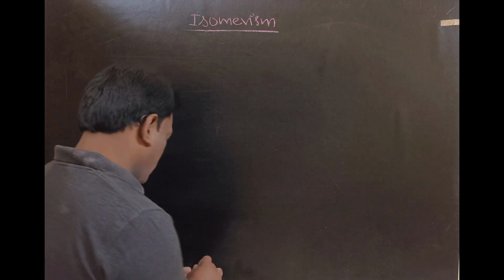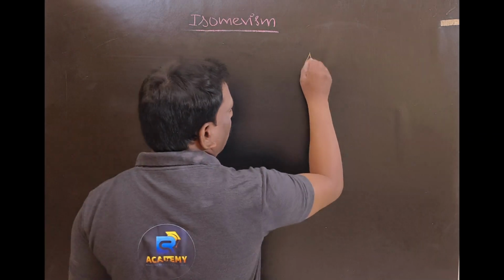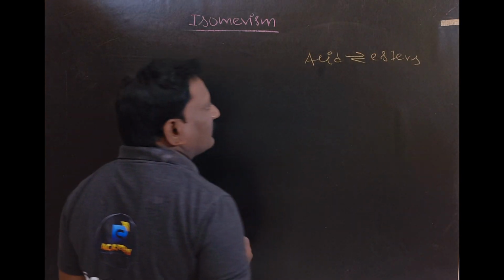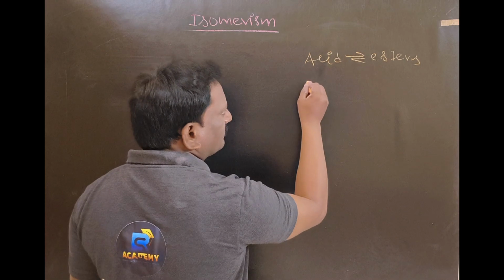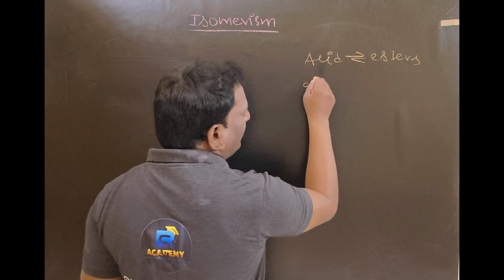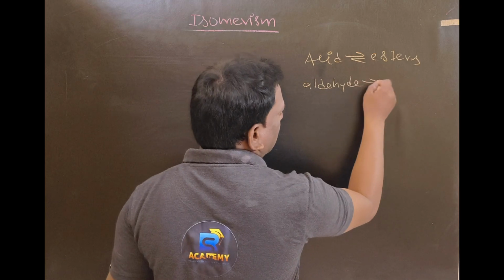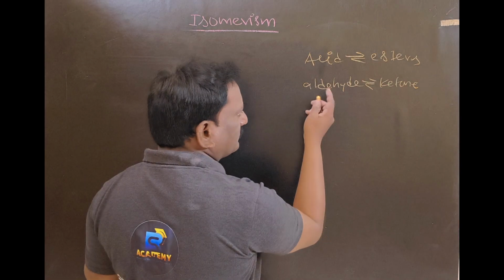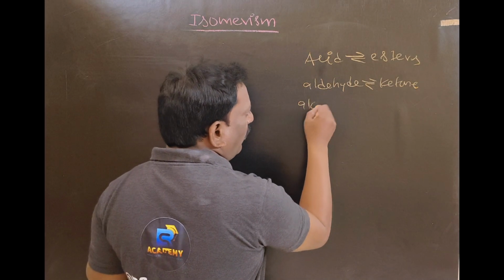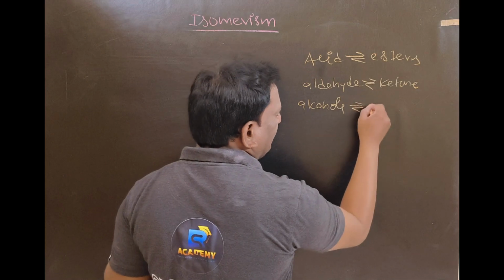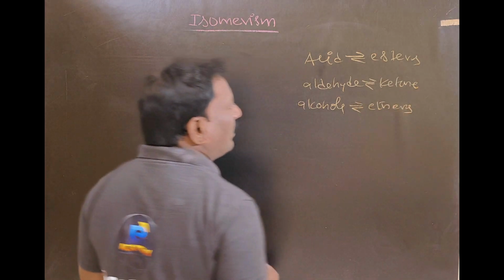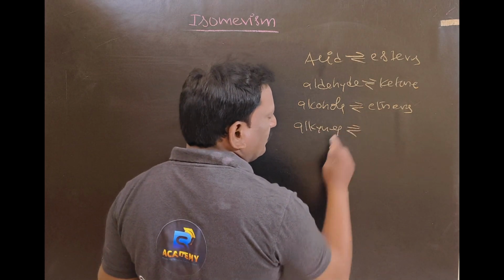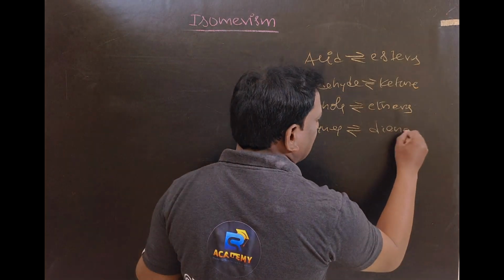Make a note. One possibility is that you can convert acids to esters, aldehydes to ketones, alcohols to ethers, and alkynes to dienes.